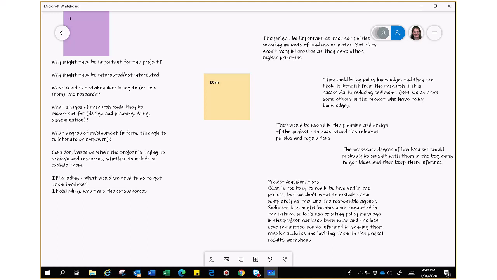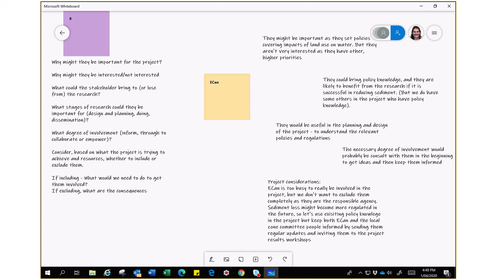When would they be useful? They'd be useful in the planning and the design of the project to understand the relevant policies and regulations, and the necessary degree of involvement will probably be to consult with them at the beginning to get ideas, and then keep them informed.